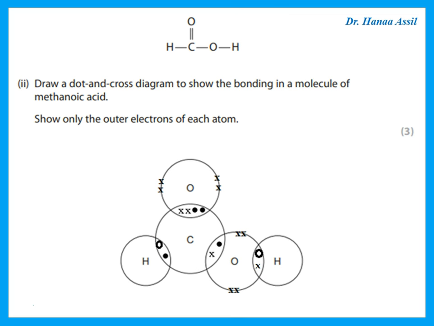So this is the kind of dot and cross diagram that you should have. Please remember that each atom should have a different notation. So you should have a notation for hydrogen, a notation for oxygen, and another one for carbon. Okay.